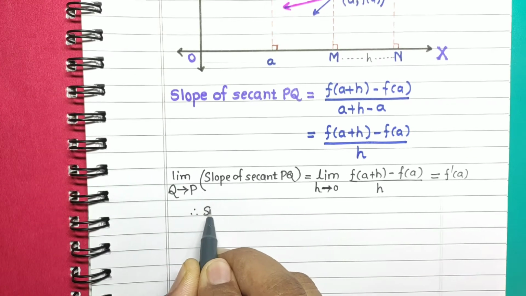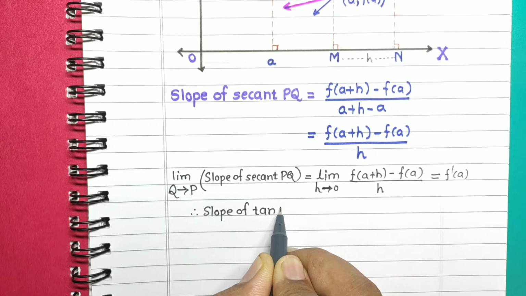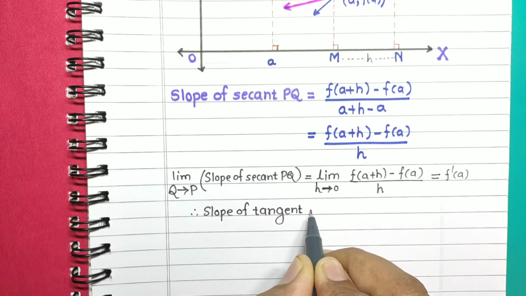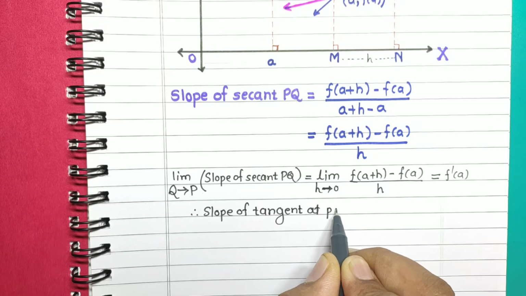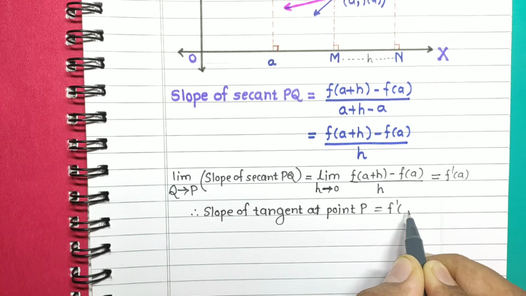So we have the slope of tangent at point P is equal to f dash of a.